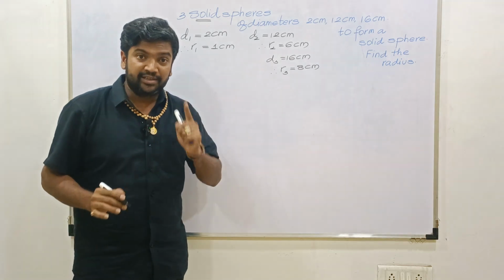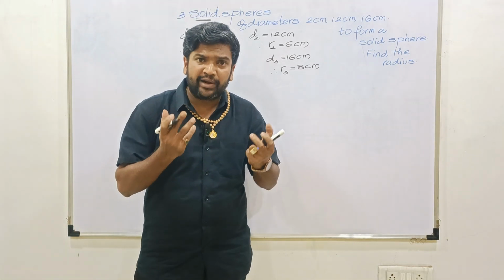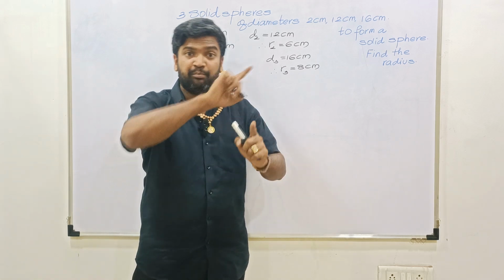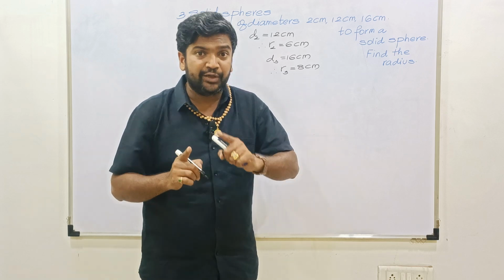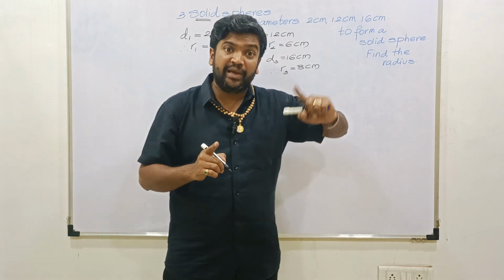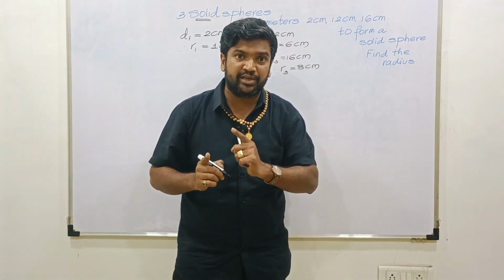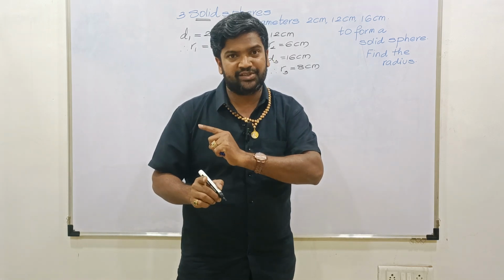Fine. Now, these three spheres are what melted. So whatever liquid I'll get after melting those three spheres, वही liquid से एक बड़ा वाला sphere बना रहे हैं. Which means what? The liquid used to make the big one is the same as what we get after melting these three spheres, which means दोनों cases में volume remains the same.